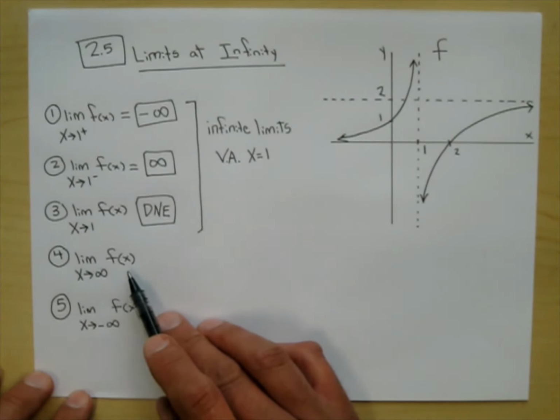Limits at infinity tell us the end behavior of your function. So in pre-calculus, you may have heard that word, end behavior. It just means what is your function doing as it's going off to the right and as it's going off to the left. If a limit at infinity gives us a number, then that gives us a horizontal asymptote.